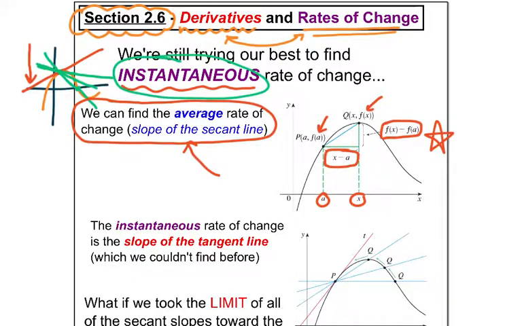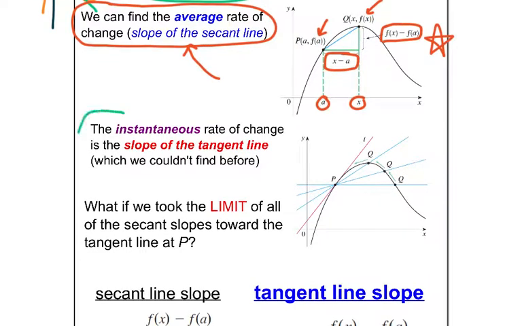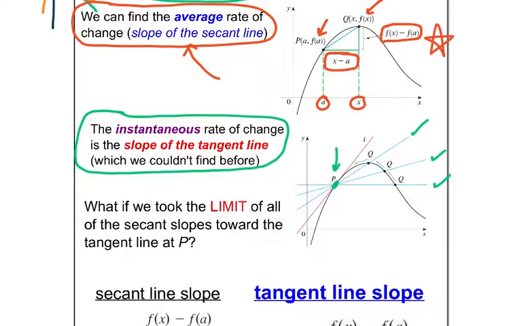What's happening right there? Well, as we said, this instantaneous is the slope of the tangent line. Again, we couldn't find it before because it was only at one single point P right here, and we can't find the slope from one point. So as you can see here, we try to find the slope of the secant line, and we brought that Q point closer and closer to estimate what the slope of this red tangent line would be.